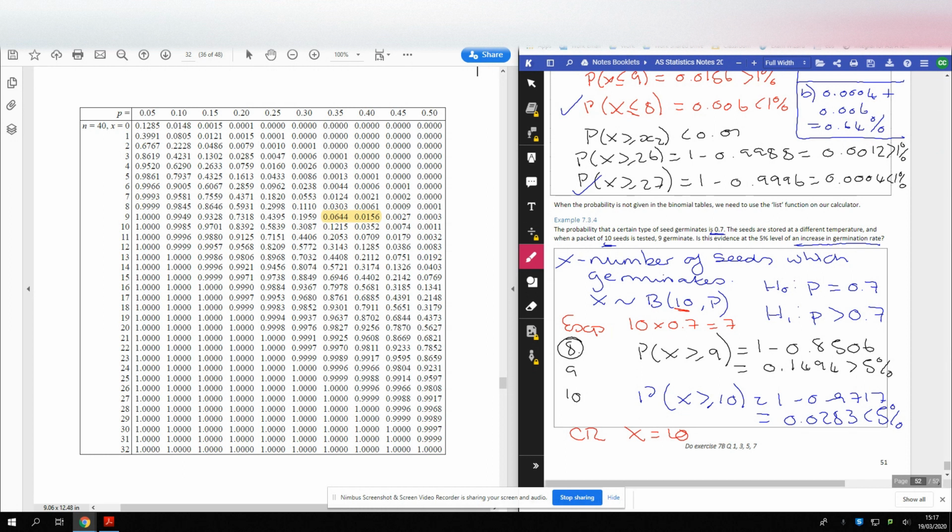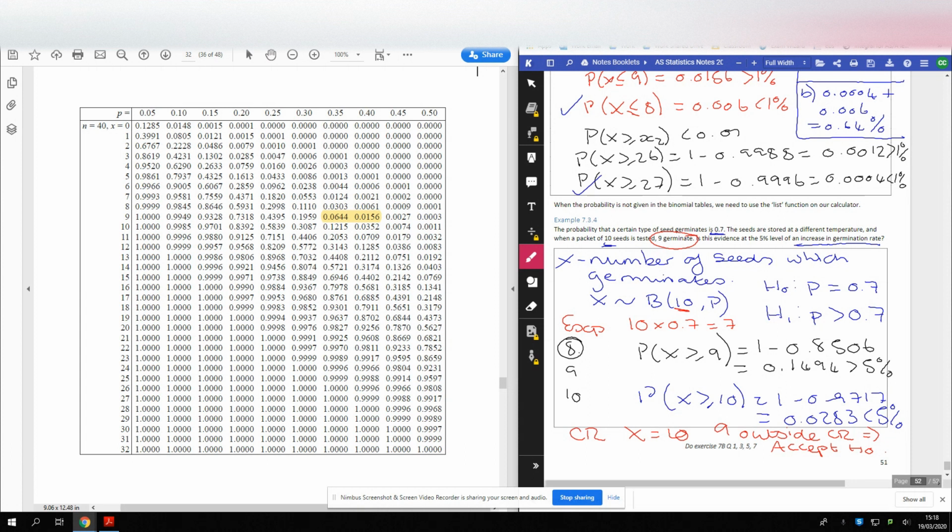So then going back to the question, we have been given this bit of evidence here. It's telling us that 9 seeds germinate. Because 9 is outside the critical region, that tells us that we do not have enough evidence to reject H0.